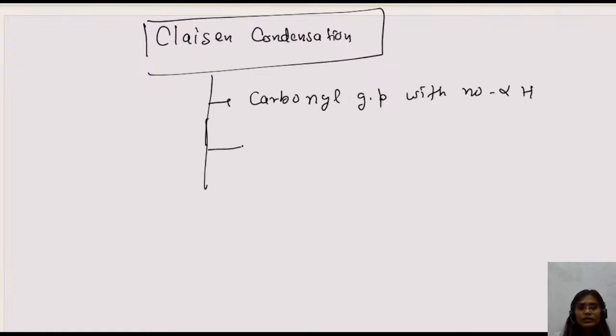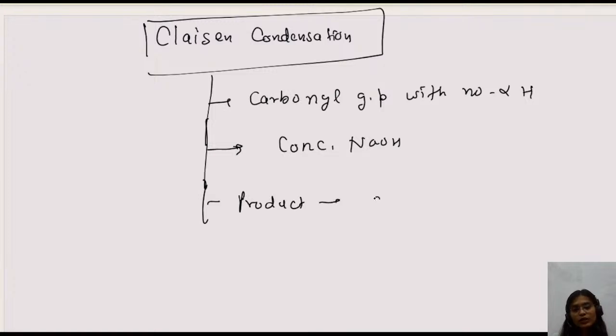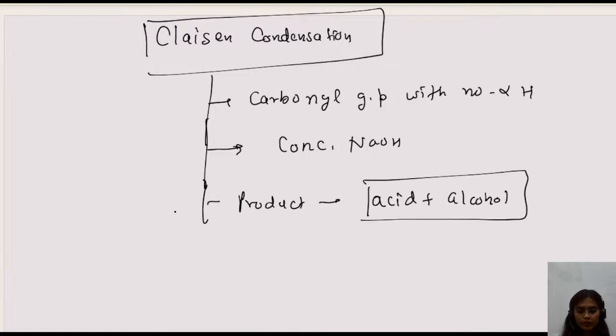What is the second point? In the aldol condensation they were using dilute NaOH, but in this case we are going to use concentrated NaOH. And the product is acid plus alcohol simultaneously. This is a little bit important reaction because it's a different type of reaction.